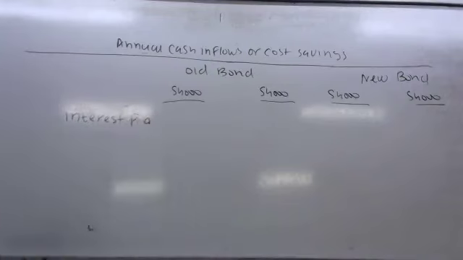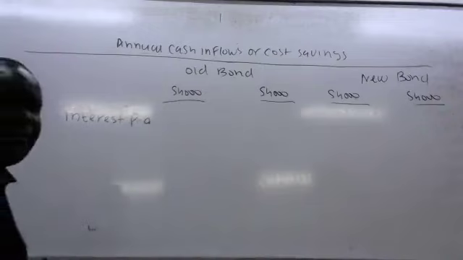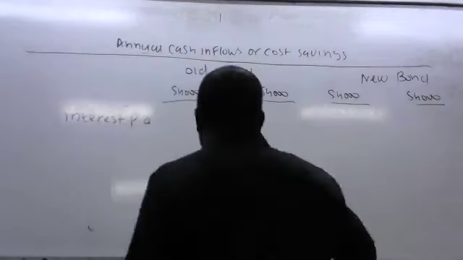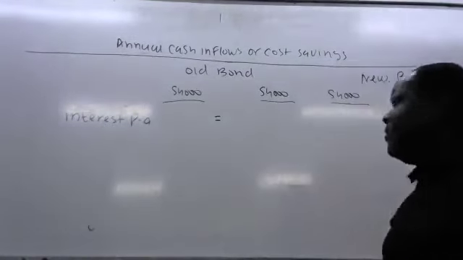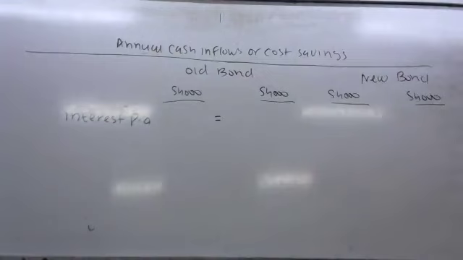So you want to compute interest per annum. That interest per annum, we start with the old bond.